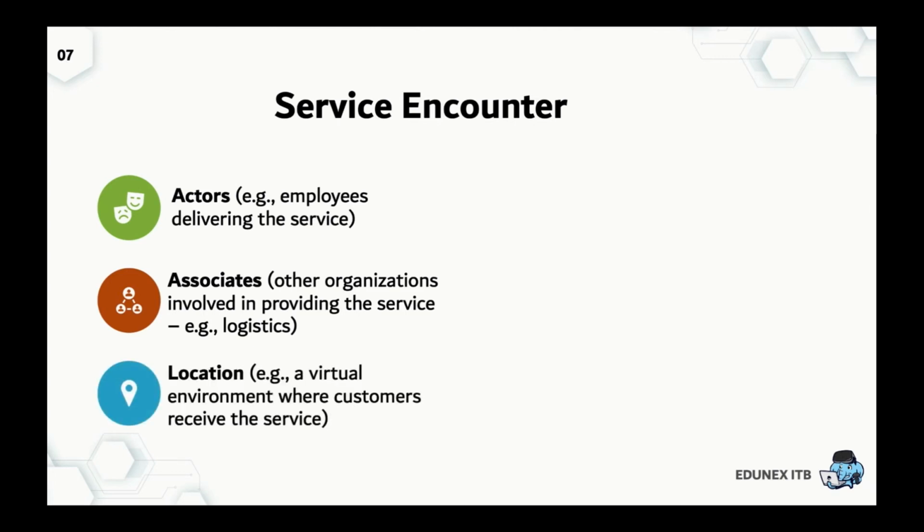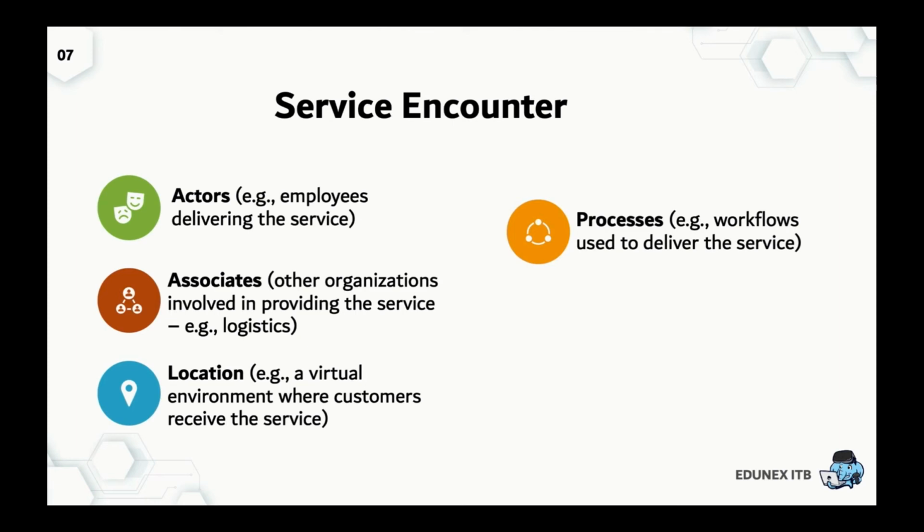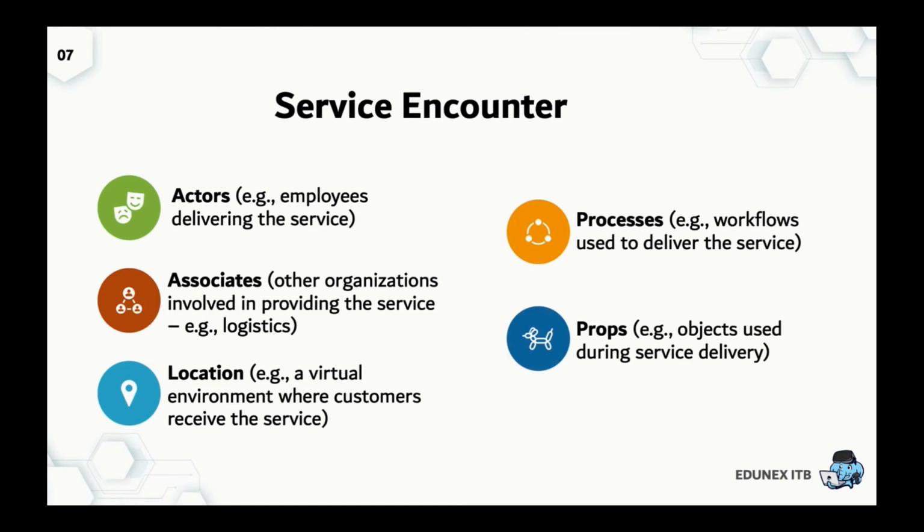And location: the service also encounters a location, where the customer will receive the service, whether virtual or physical. And process, this is the workflow used to deliver the service, step by step. And props, these are the objects used during the service delivery, or the property, we can say.